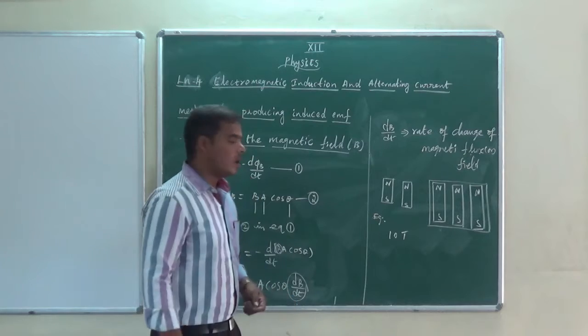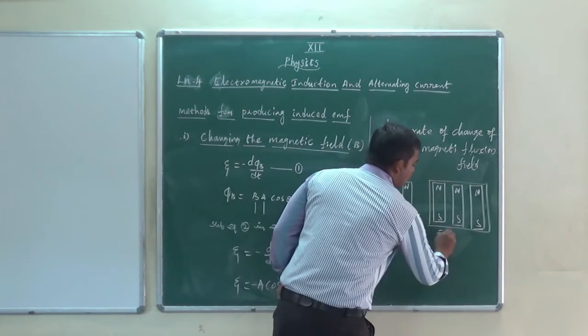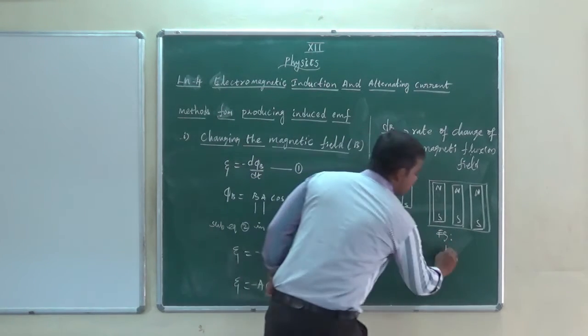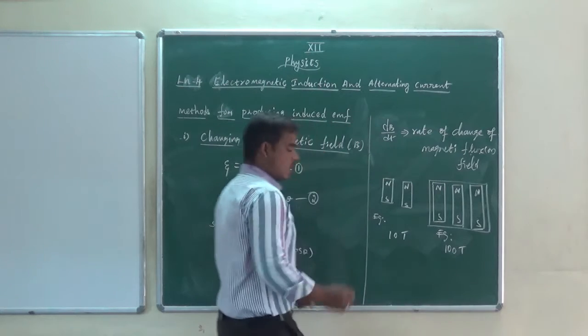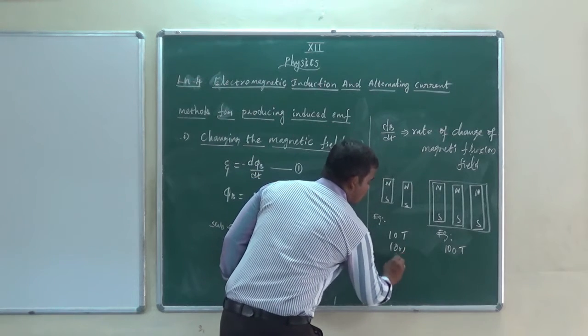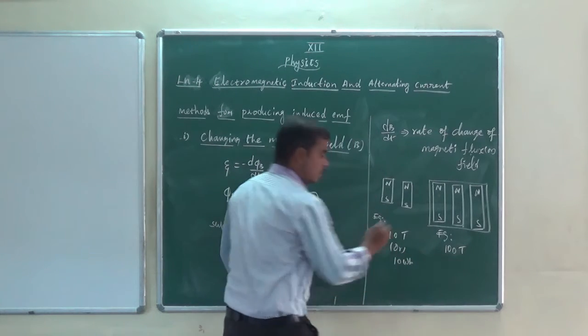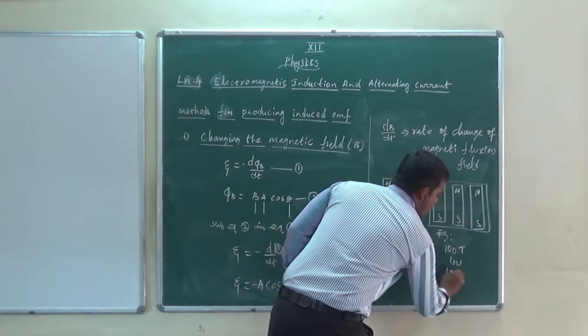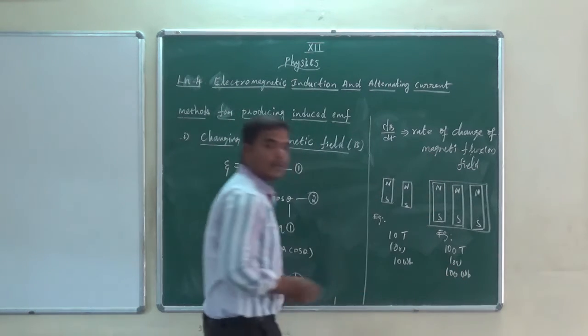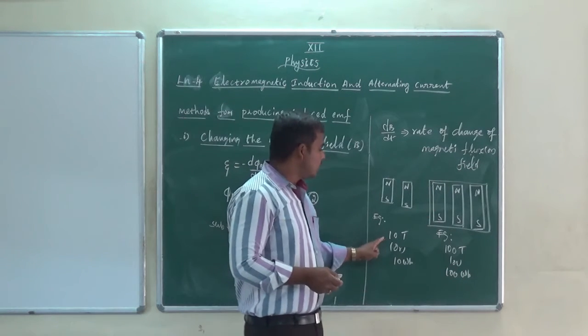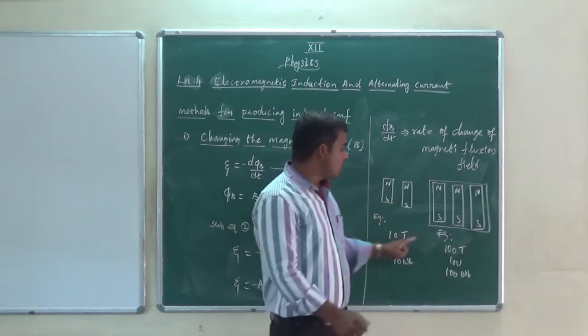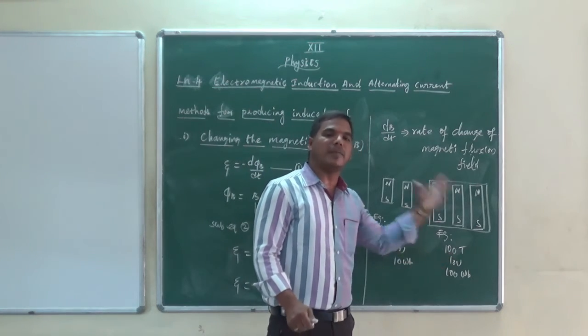North pole, south pole. Now the power is 100 Tesla, or 10 Weber or 100 Weber. So increasing from 10 Tesla to 100 Tesla means changing the magnetic field.